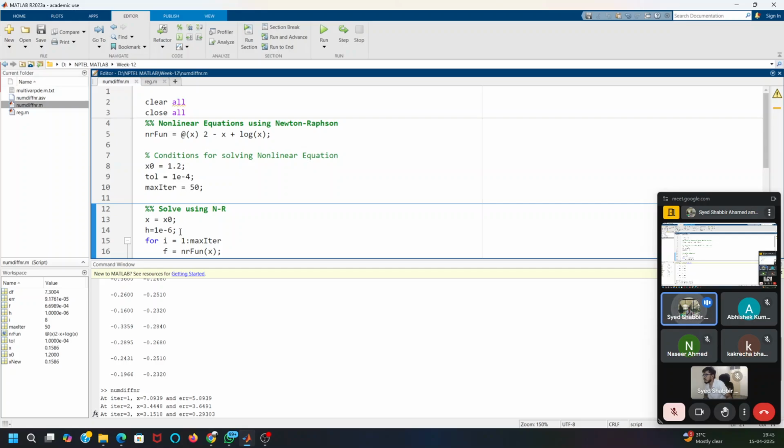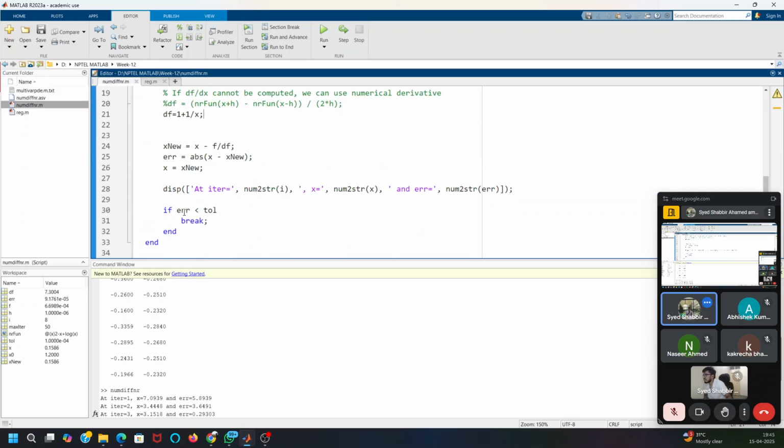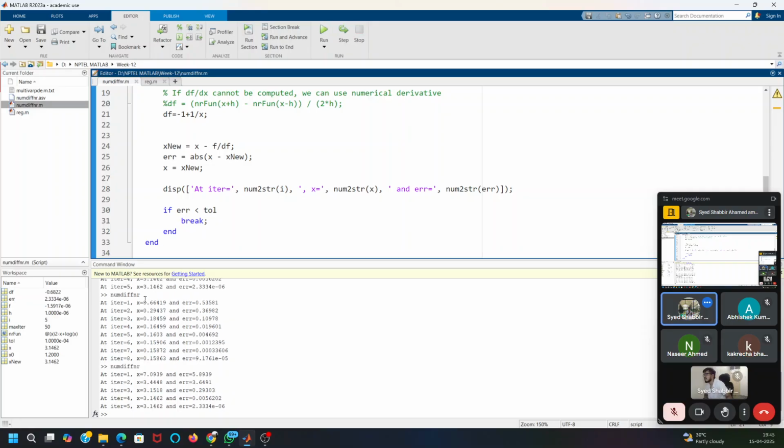Oh, I think the differentiation is minus 1 plus, yeah.